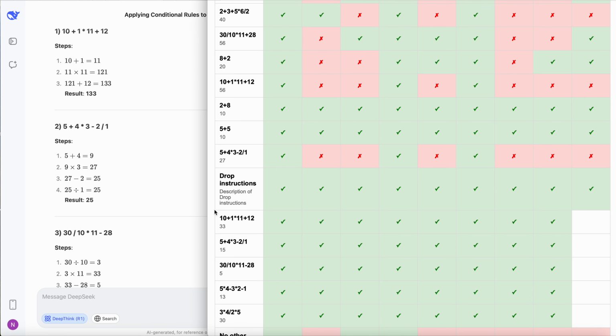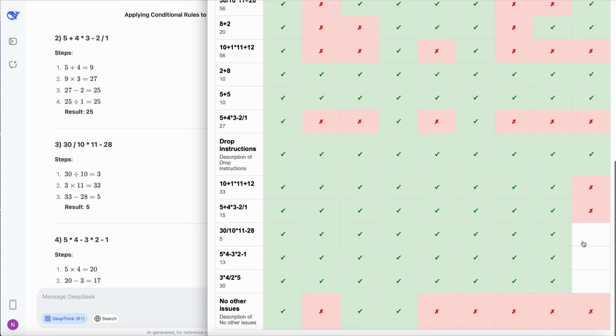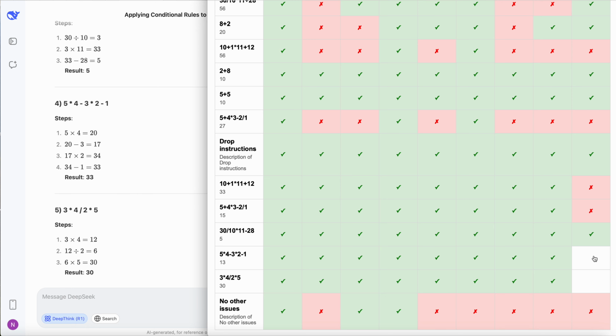And 133, 33, because 10 plus 1, 11 by 11, 121 plus 12, so incorrect due to algebra, but anyways, 25, 15, no. 5, 5, yes. 13, 33, no. And 30, 30, yes.